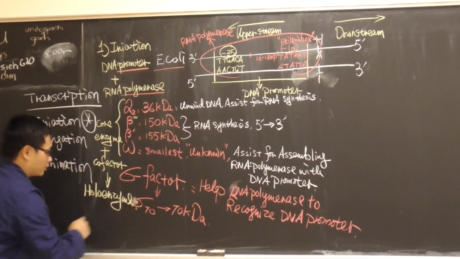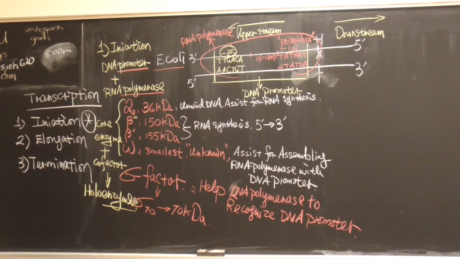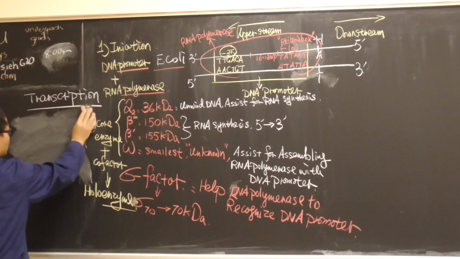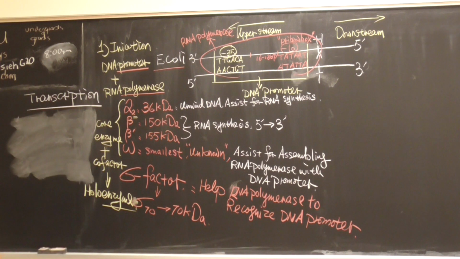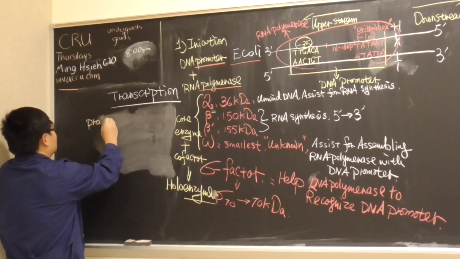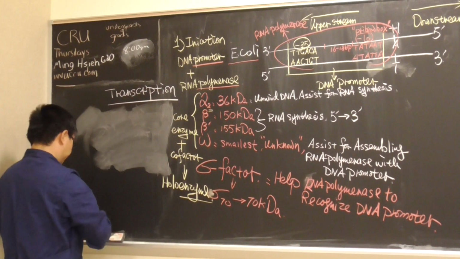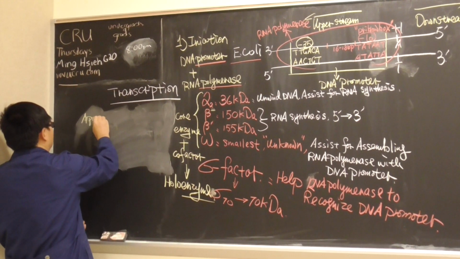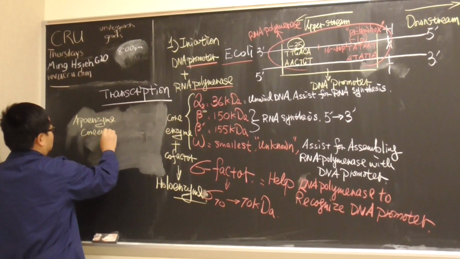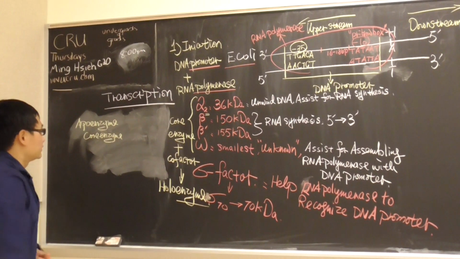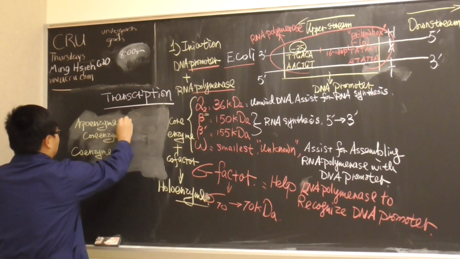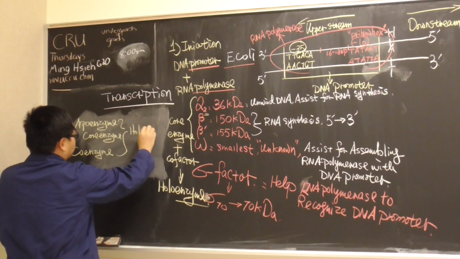Do you still remember when we talked about a holoenzyme? What is that? I'll just remove this part, then we can talk. We do a little bit of review, okay? So we have an apoenzyme, and sometimes we call it the core enzyme. Then we have a coenzyme. This combined, we call it a holoenzyme.